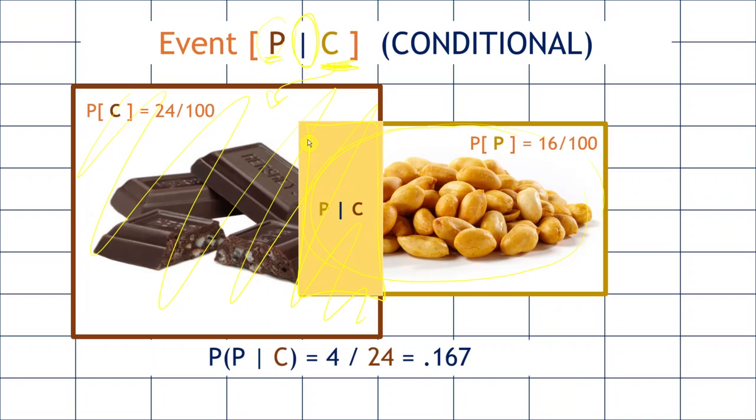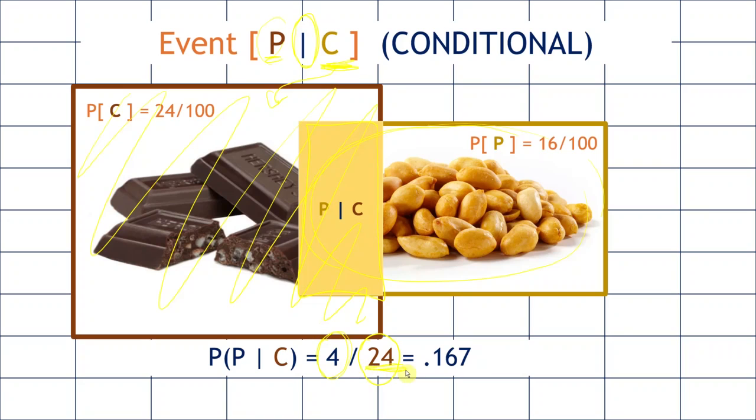However, the new thing here is that we're only dividing it by 24, not 100 anymore, because we only want those who we already know like chocolate. Okay, so this is the probability of picking someone who likes peanuts, which is the number 4, given that we already know that this person likes chocolate.